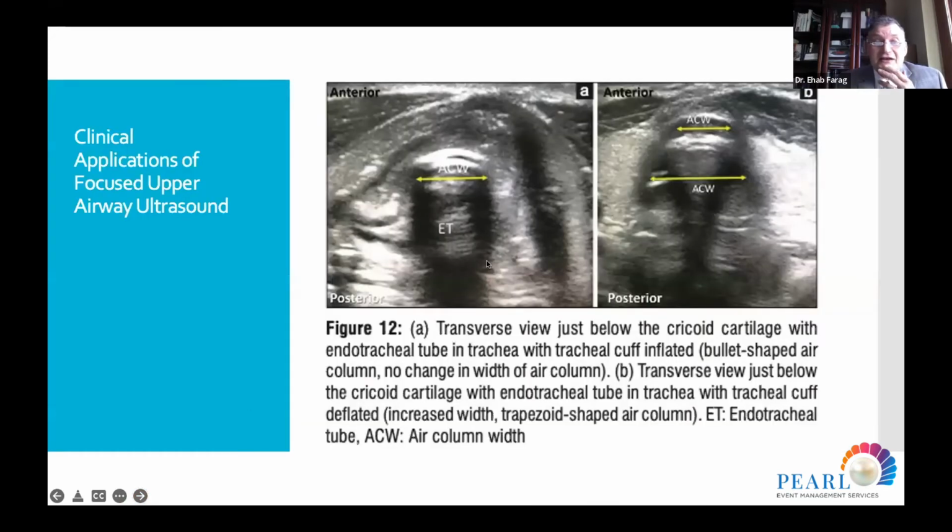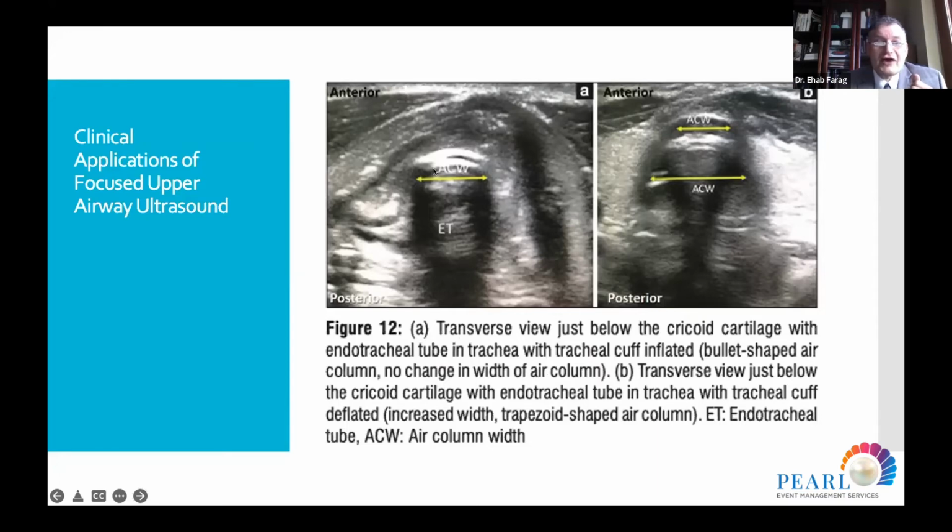And here you can see the airway column, which is hyperechoic. In A, you have a transverse view just below the cricoid cartilage with the endotracheal tube and the cuff inflated, and the bullet-shaped air column, with no change in width of the air column.